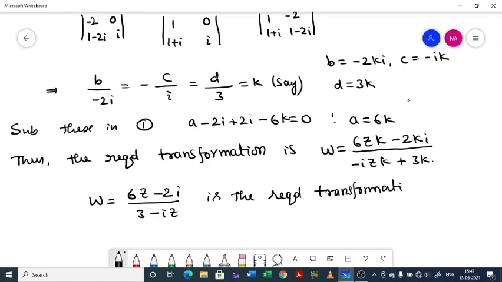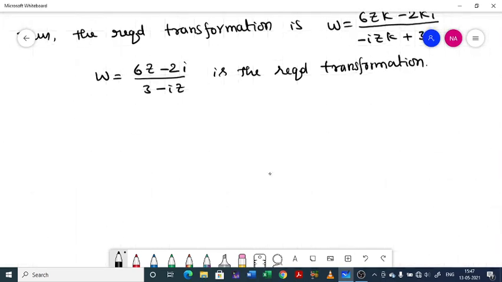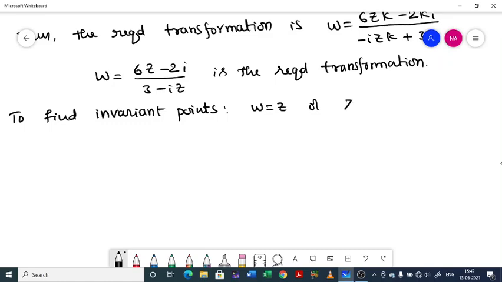Now in this problem we need to find a fixed point also. To find invariant points or fixed points, by definition we will be taking w equal to z, so it will be substituted here, z equal to 6z minus 2I divided by 3 minus I z.